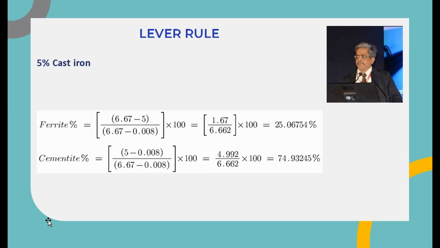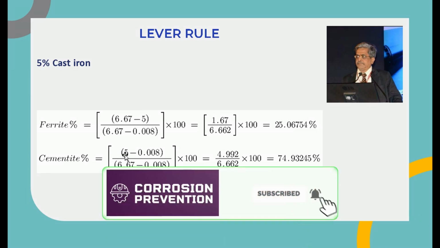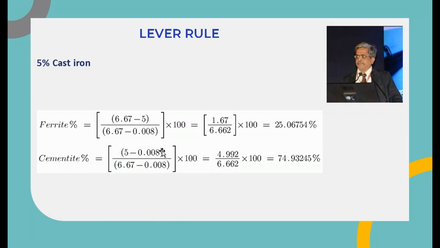See here, cementite percentage is equal to 5 minus 0.008, divided by 6.67 minus 0.008. This is the branch opposite to cementite and touching ferrite, divided by the total distance, into 100 is the percentage.